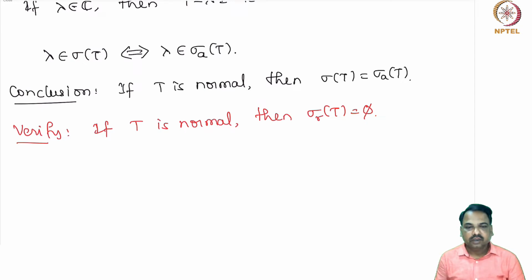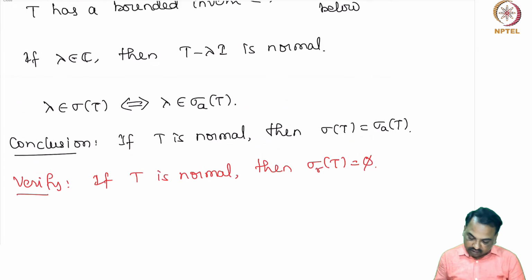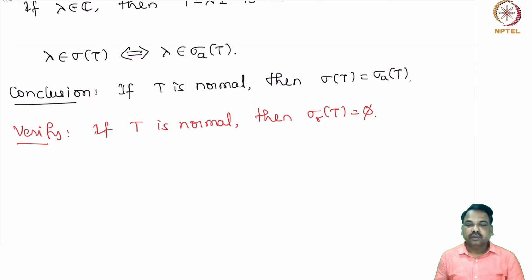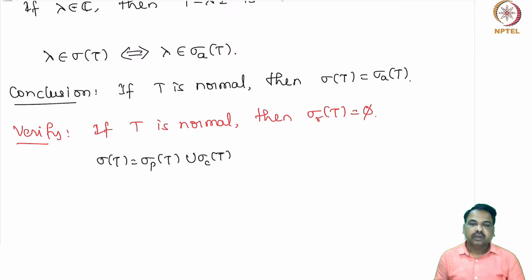Apply the same result, and we have observed the relation between the residual spectrum of the operator and the point spectrum of the adjoint operator earlier. From that we can directly conclude that the residual spectrum is empty. So hence in this case the spectrum of T is the union of the point spectrum and the continuous spectrum, and this is again equal to the approximate point spectrum.